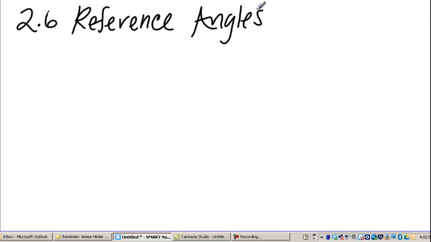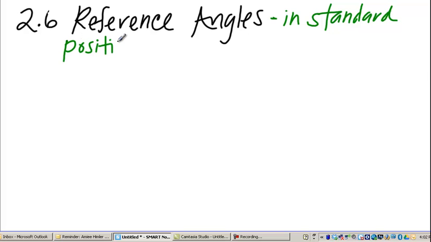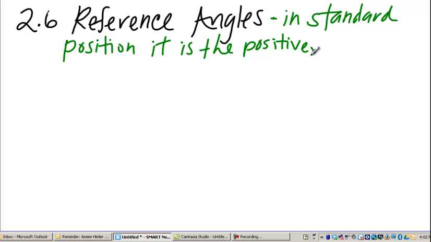All right, so let's start off with a good old definition. The definition of a reference angle is, in standard position, it is the positive, keyword acute, angle.